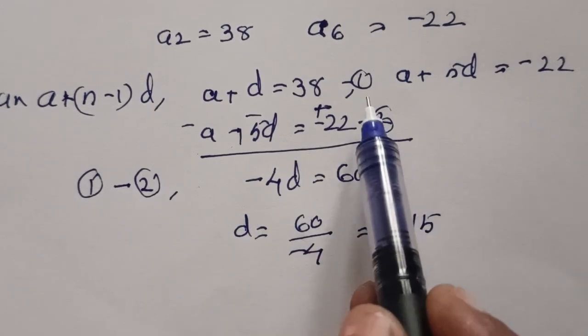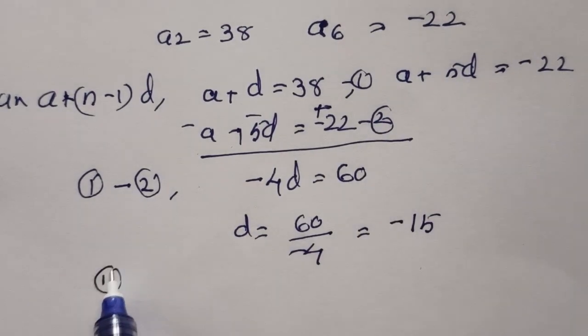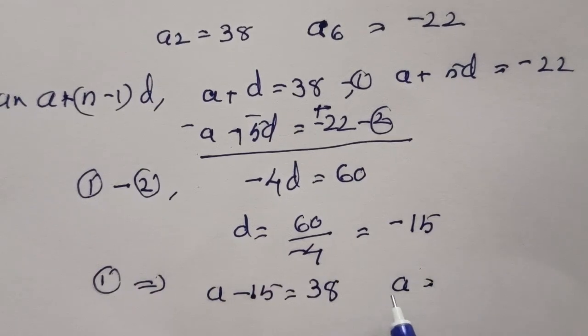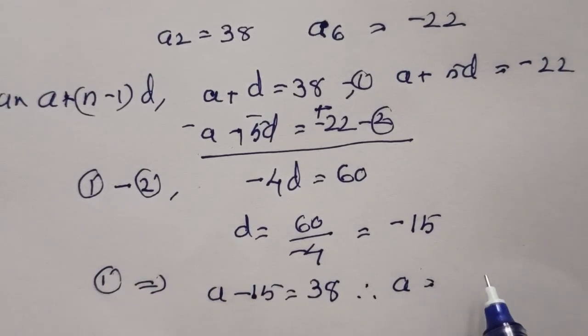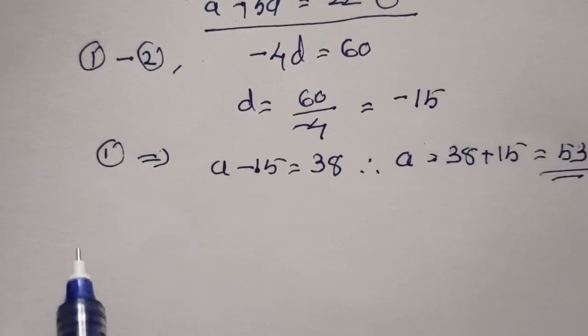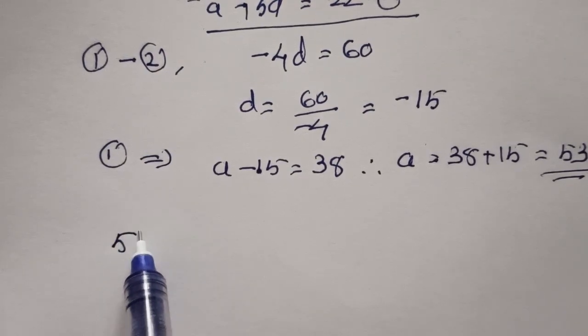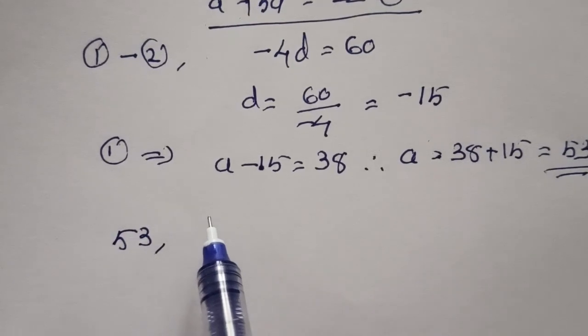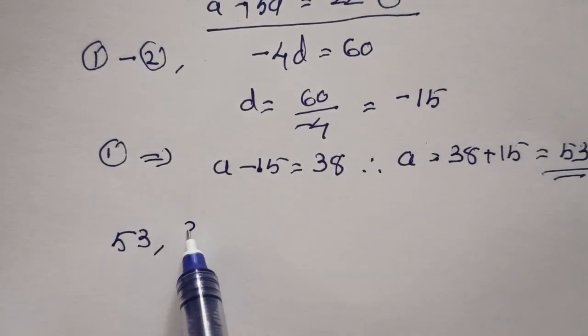Now, substituting the value of d in first equation, we get a minus 15 equal to 38. Therefore, a equal to 38 plus 15, which is 53, isn't it? So, first term is 53. Second, 53 minus 15, that is equal to 38.